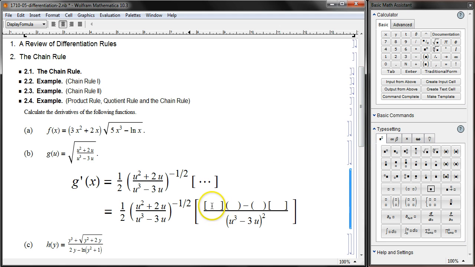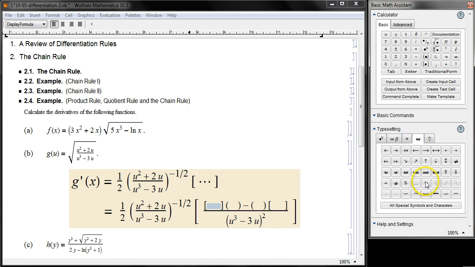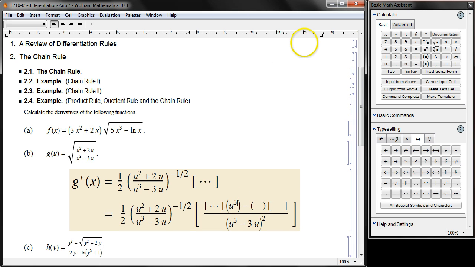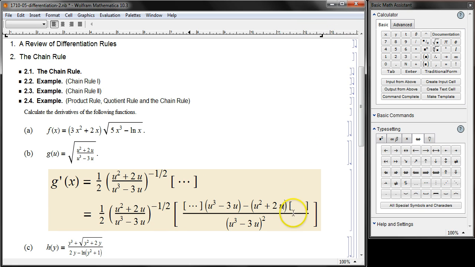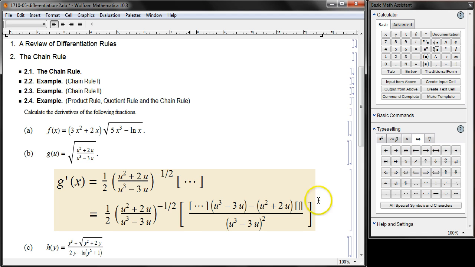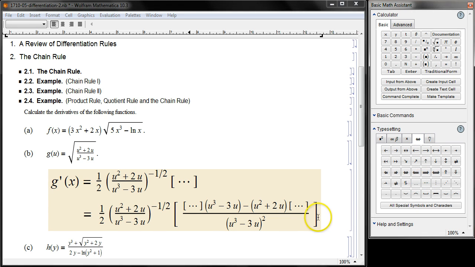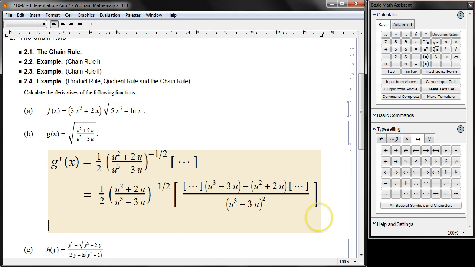Okay, so u prime v minus u v prime. So okay, u prime, let's consider the derivative computation a bit later, and then let's just copy and paste the denominator here, u cubed minus 3u, and then let's do the same thing here. The numerator is u squared plus 2u, and then this is dot dot dot the derivative of the denominator, and let's consider this in the next step.